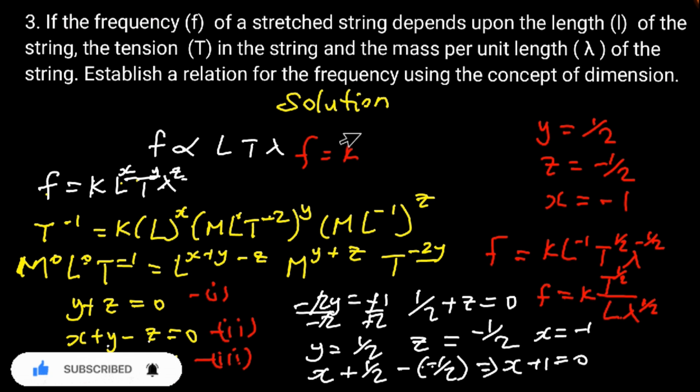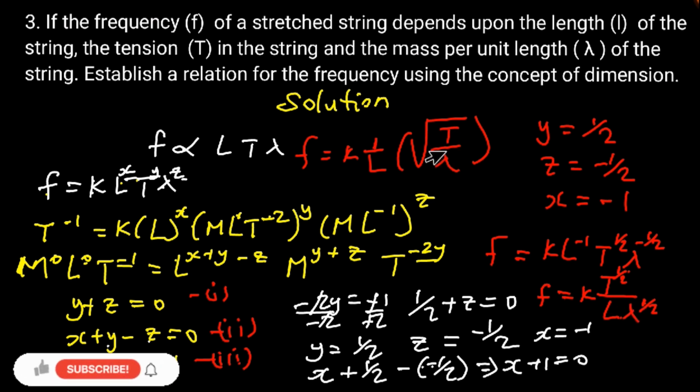We can write this as 1 over L into the square root of T over lambda, because this half signifies square root. T is at the numerator with half, and lambda is at the denominator with half, so they are the same thing as the square root of T over lambda. So this is the final answer to this question.